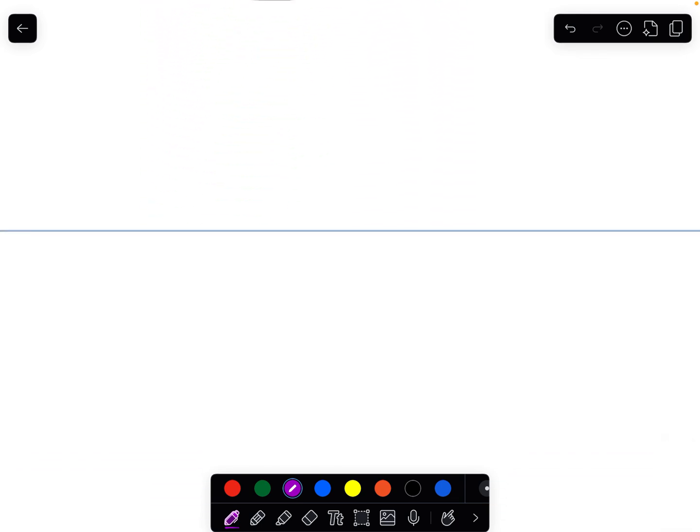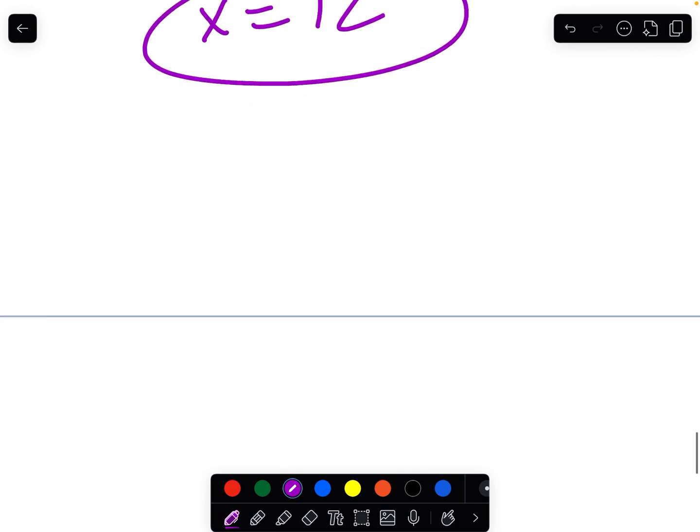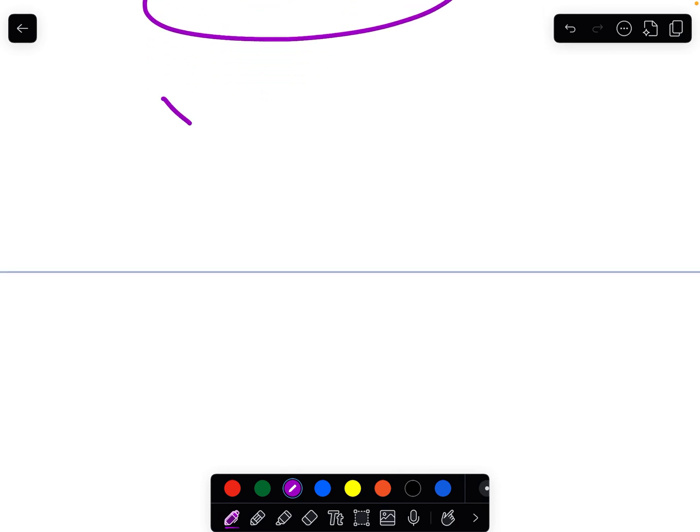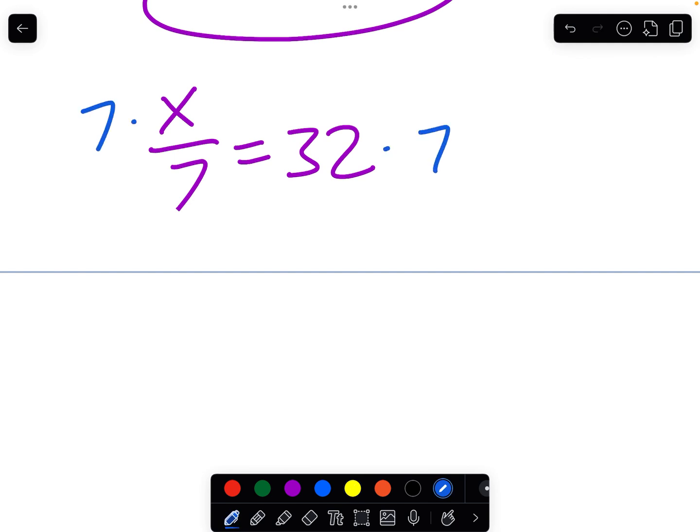Okay, let's do one more. Let's do this problem. X/7 equals 32. Last problem, let's do it. And I am dividing by 7 here, so I'm going to apply the inverse operation and multiply by 7. So I'm going to multiply both sides by 7.